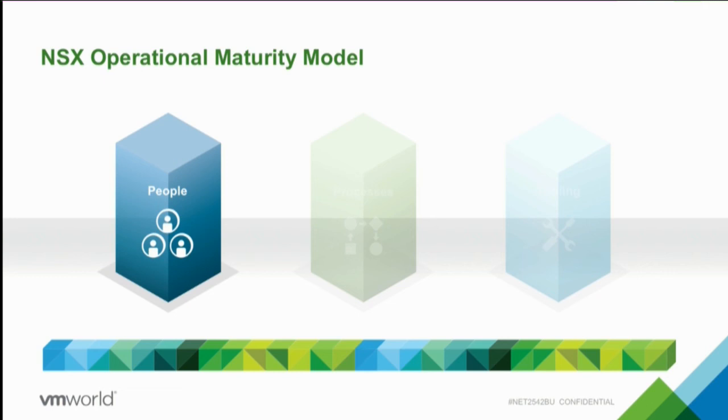How does my organizational structure look once I take on NSX? What are the different roles and responsibilities? My people right now know exactly what they're doing. Now you're bringing in NSX virtualization. What are the different roles and responsibilities that my team members are supposed to have? So let's go and answer some of these questions, and see how you could answer them for your organization.